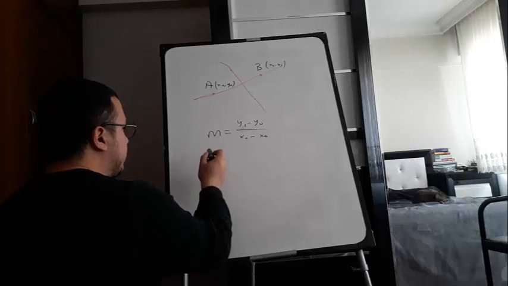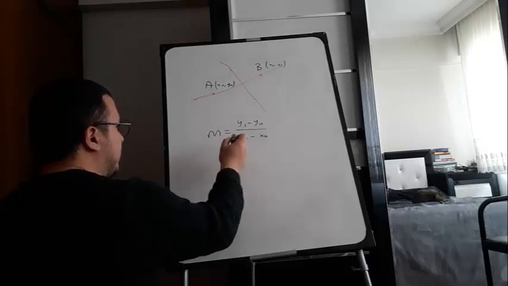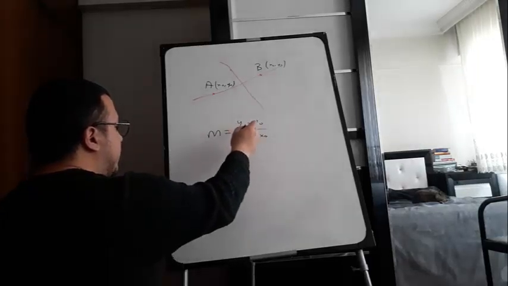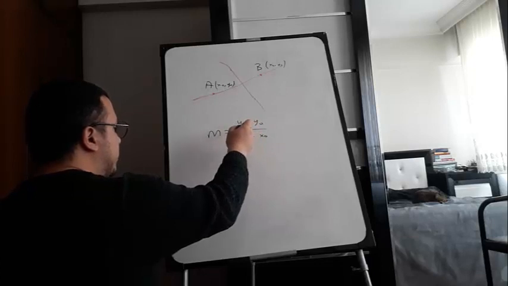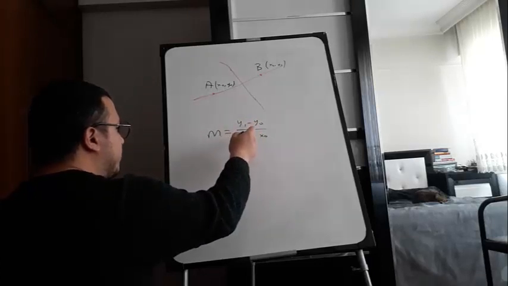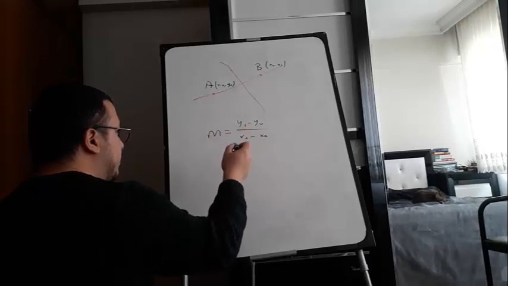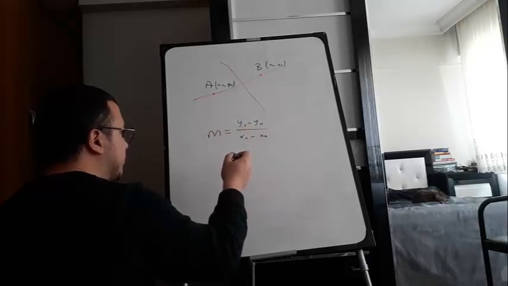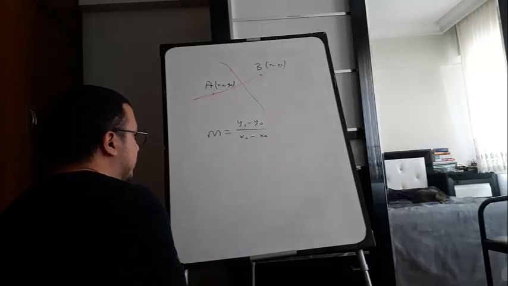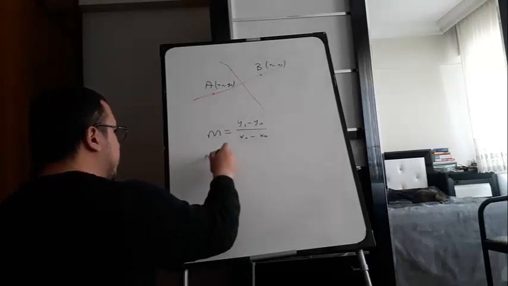We define m as the increment of y over the increment of x: y1 minus y0 over x1 minus x0. We call this m the slope of the line.